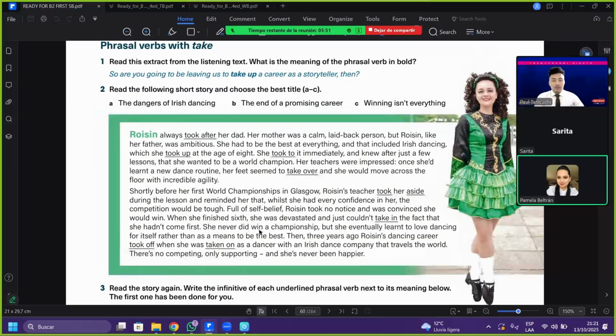She never did win a championship, but she eventually learned to love dancing for itself rather than as a means to be the best. Then, 3 years ago, Roisin's dance career took off when she was taken on as a dancer with an Irish dance company that travels to work. There's no competing, only supporting, and she's never been happier.